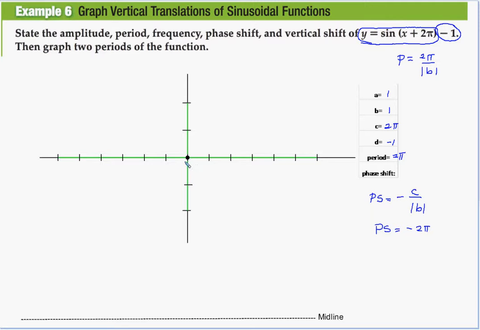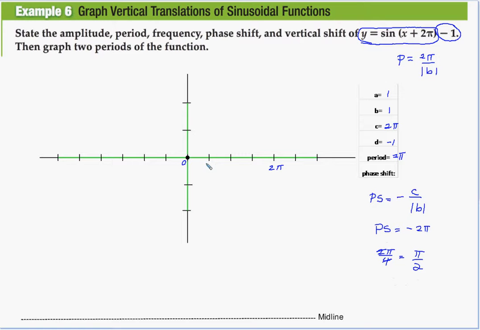Originally, this is our point 0, 0, and the period is going to be 2 pi, and all I need to do is divide 2 pi over 4, which, simplifying this, is equal to pi over 2.